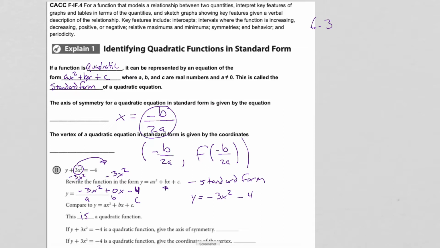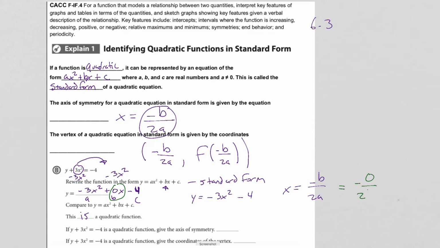Well, I already told you the axis of symmetry is x is equal to negative b over 2a. Right here, that b would be 0. So x is equal to negative 0 divided by 2 times a.